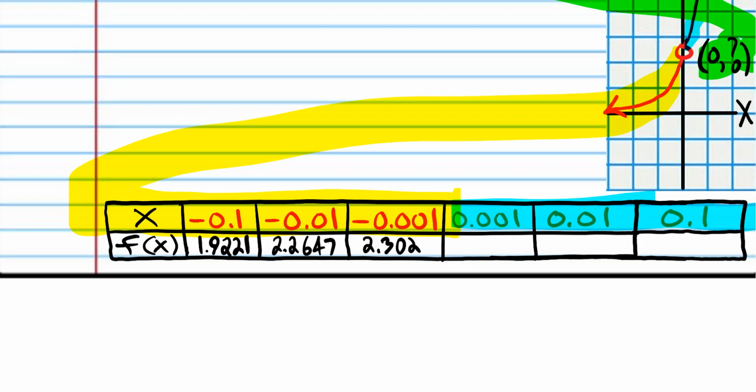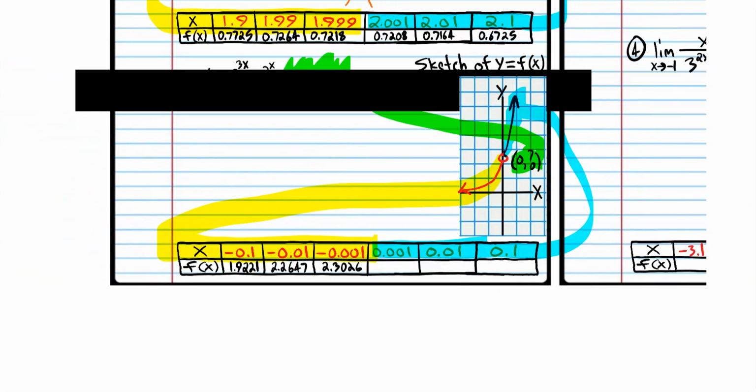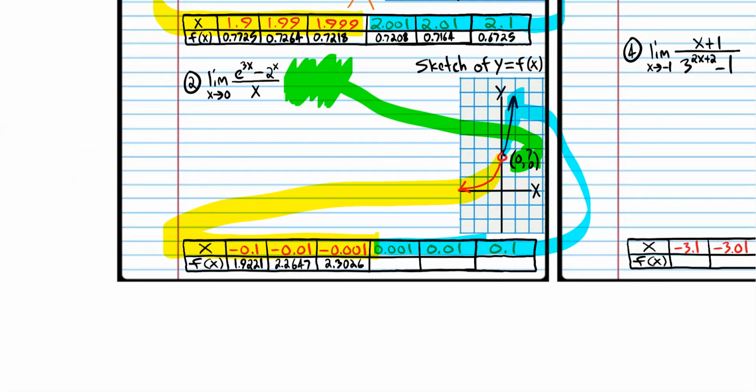So 2.3026. Then press the blue second button at the upper left, and then the upper right, the trace button, and then enter on value, and then enter 0.1, and press enter.